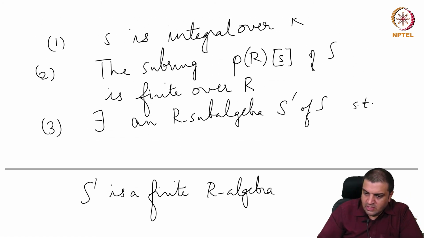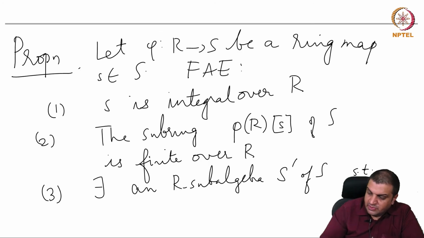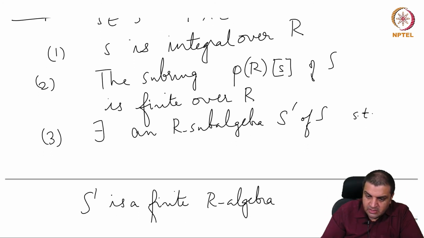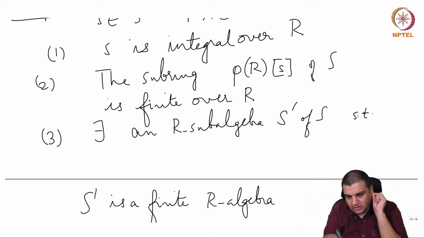Okay, so let's just revisit. So phi is a map and we take an element. First statement, that element is integral over R. The second statement is, this is an example of a subalgebra. Okay, so it is a subring of S containing the image of phi and some other things.